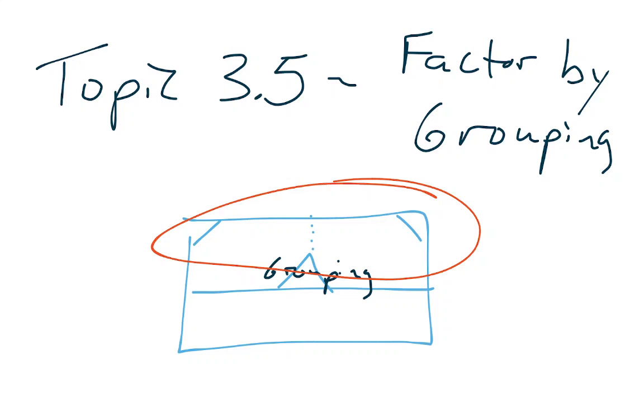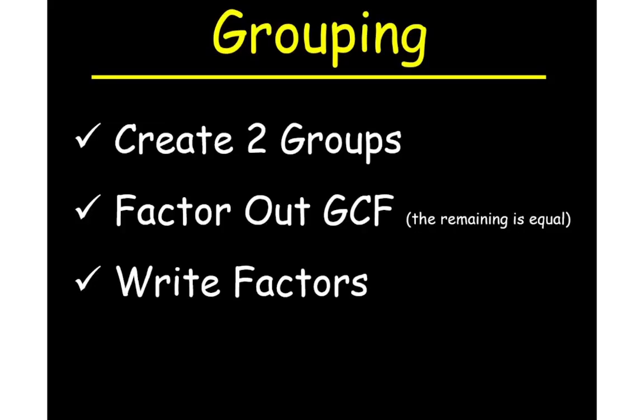So what is factoring by grouping? Well, I'm going to give you a couple thoughts which maybe you want to jot down in the middle here, and then we'll do some examples. It's called grouping for a reason. You're always going to create 2 groups.